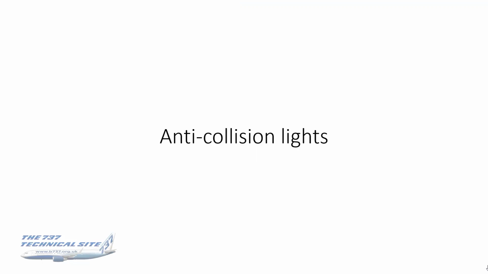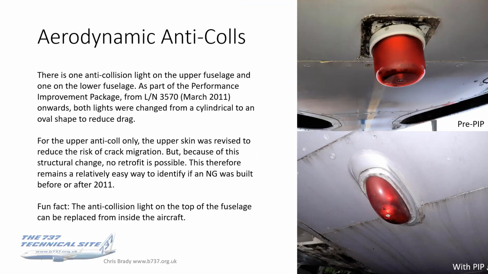Anti-cols. Talking of don't hit me, there's one anti-col on the upper fuselage and another one on the lower fuselage, so two in total. As part of the performance improvement package, again see separate video on that, from March 2011 onwards, both of these lights were changed from the old cylindrical shape, which you see on the top photo, to an oval shape for drag reduction measures.